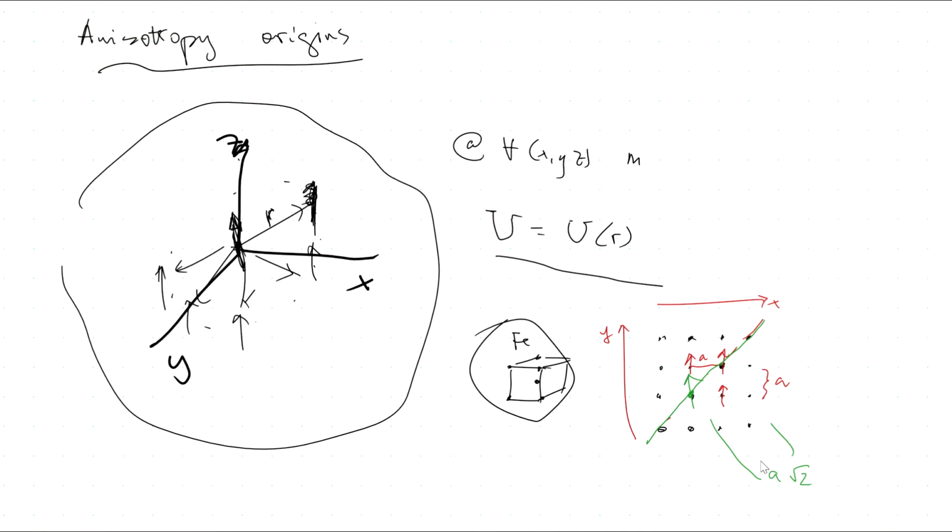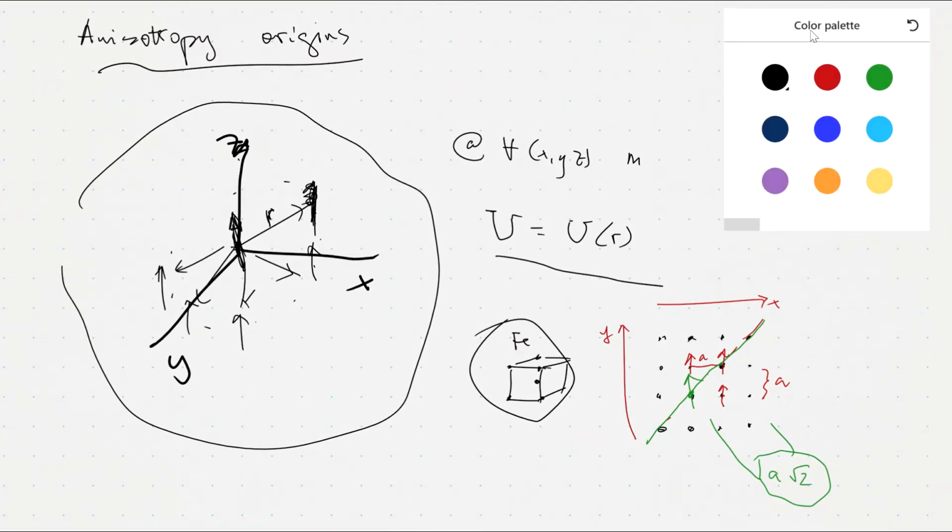And of course, this would be two magnetic moments separated by a larger distance than these two, which means that the interaction along the x-axis would be different from the interaction along this axis. And that is one of the origins of the anisotropy. So this is called crystalline anisotropy or magnetocrystalline anisotropy.